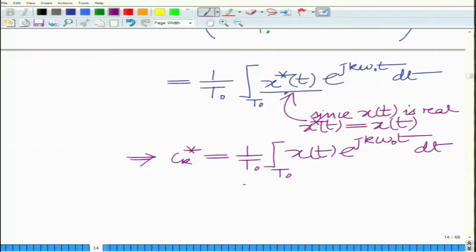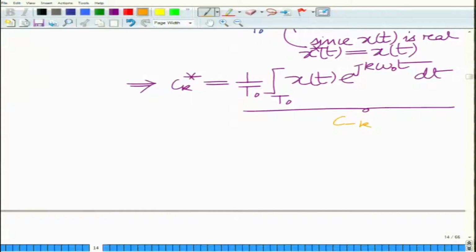But now, if you look at this, this is nothing but C of minus k, the Fourier series coefficient at the integer minus k, that is 1 over T naught integral over T naught x t e raised to plus j k omega naught t dt, which is the Fourier series coefficient C minus k. So, this implies for a real signal x t, C conjugate of k equals C minus k, that is the Fourier series coefficients exhibit conjugate symmetry, okay.